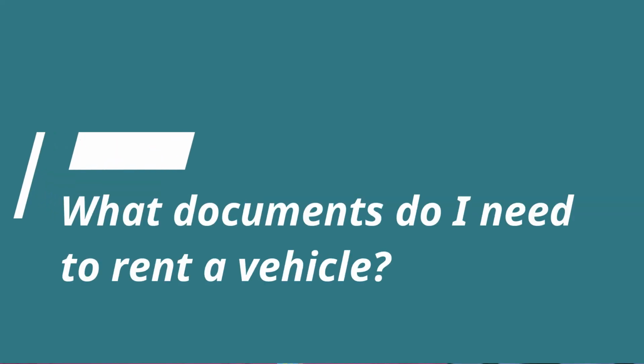There are other classes of vehicles as well. So most rental companies will offer different kinds of trucks. They'll also offer luxury vehicles, convertibles, and also now many rental companies also offer electric vehicles. What documents do I need to rent a vehicle?